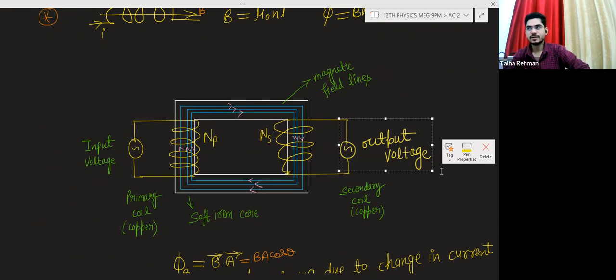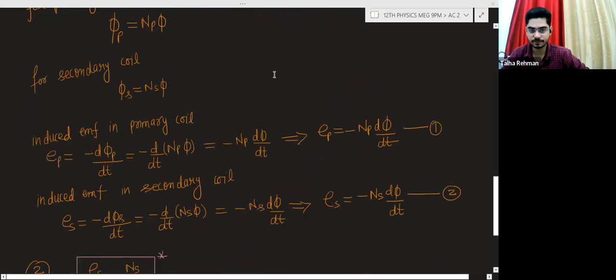Nida, tell me, if the secondary voltage is greater, then will it be a step up transformer or step down transformer? Finally, we are getting high voltage. Step up. Very good. Step up.